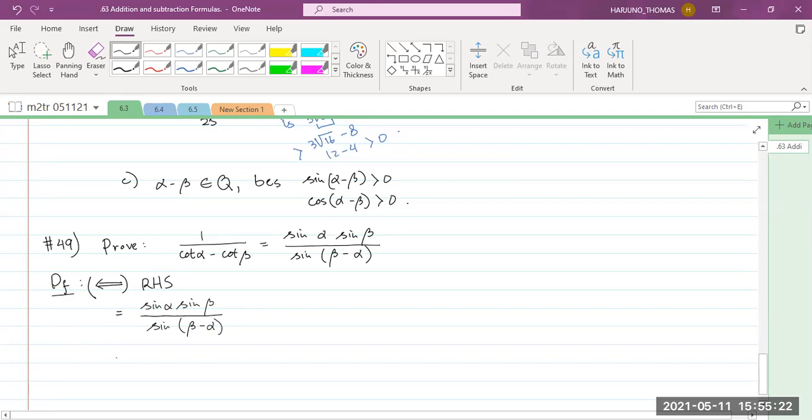That's actually part of the first line that I make into the second line. Now I will use formula 1,3 to expand sine beta minus alpha: sine beta cosine alpha minus cosine beta sine alpha.